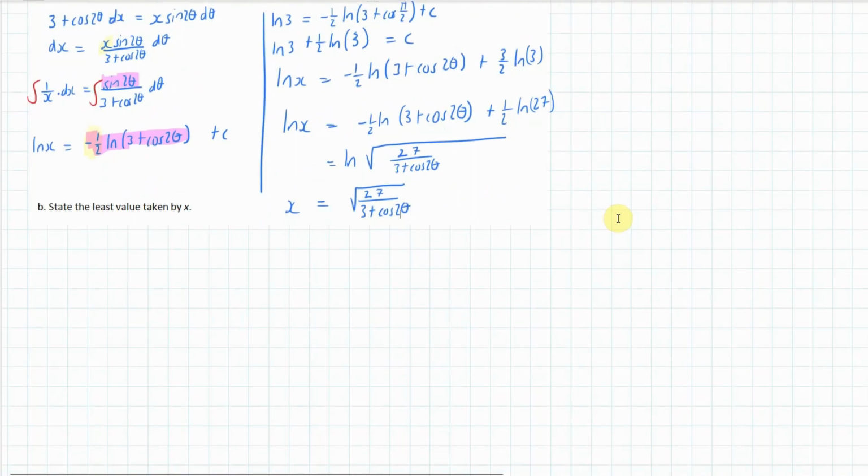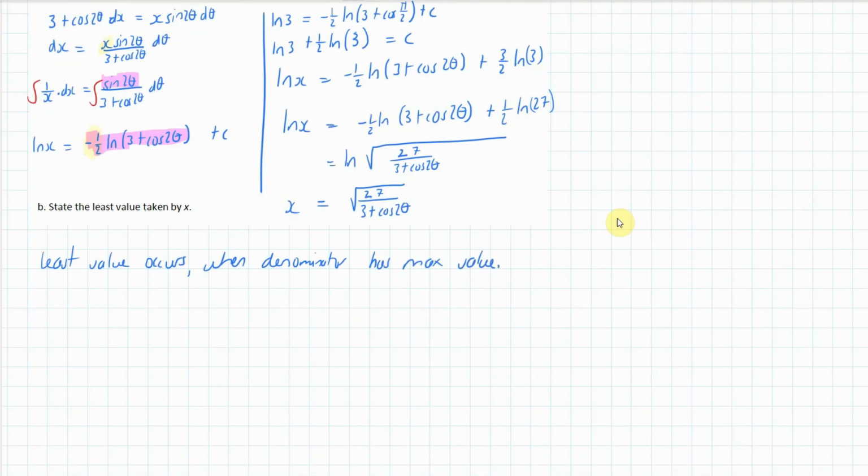Now, the next step is we've got to state the least value taken by x. Okay, so the least value occurs when the denominator has its max value. So let's look at 3 plus cosine 2 theta. The greatest value it can be is when cosine 2 theta equals 1, because with the cosine graph, the greatest value you can get is 1.